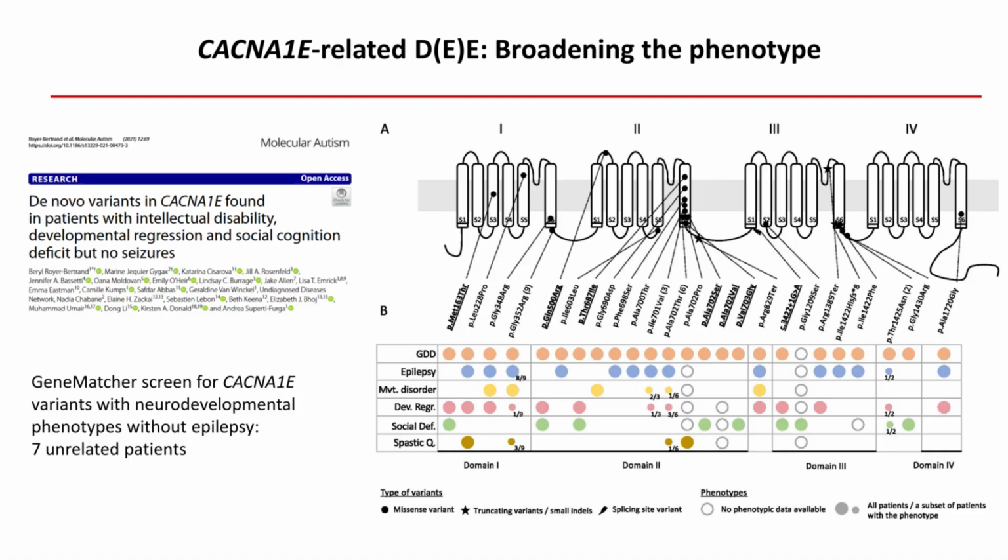Then there was a second publication coming out later, and that was a broadening of the phenotype because they had no seizures. And there were also a few in the gnomAD database, and you can see that specific variants cause seizures. So the epilepsy cases are the blue dots here, and those are the variants that are clustered in the so-called S6 segments.